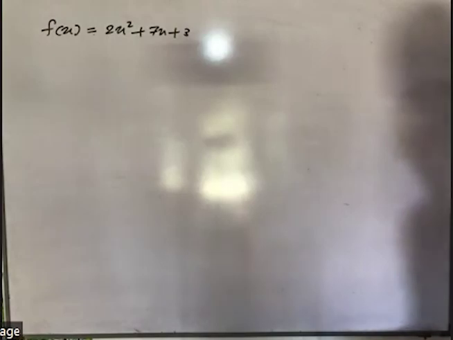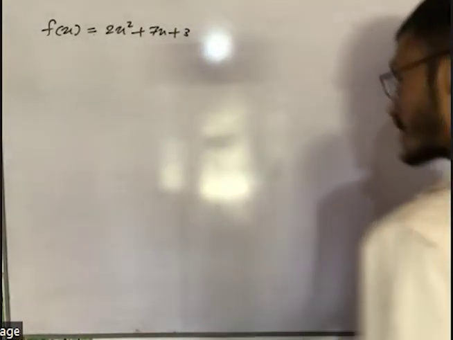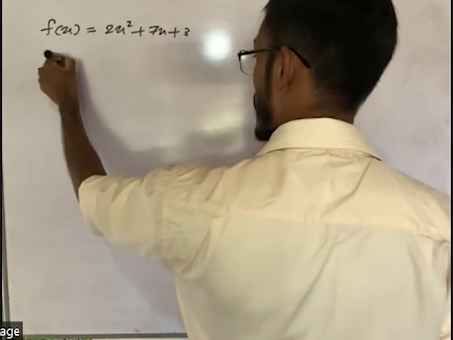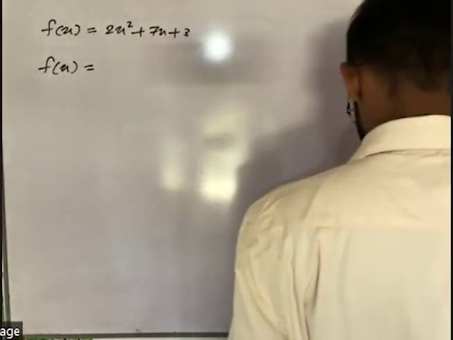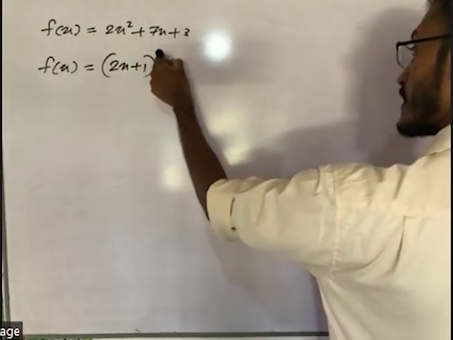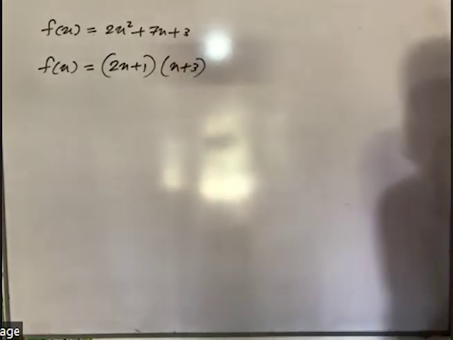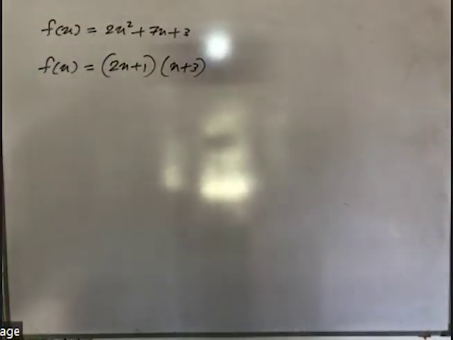In this quadratic function, they have given f(x) equal to 2x square plus 7x plus 3. So you can easily factorize this. If you factorize this, factors are (2x plus 1) and (x plus 3). Right. So this is the quadratic function.